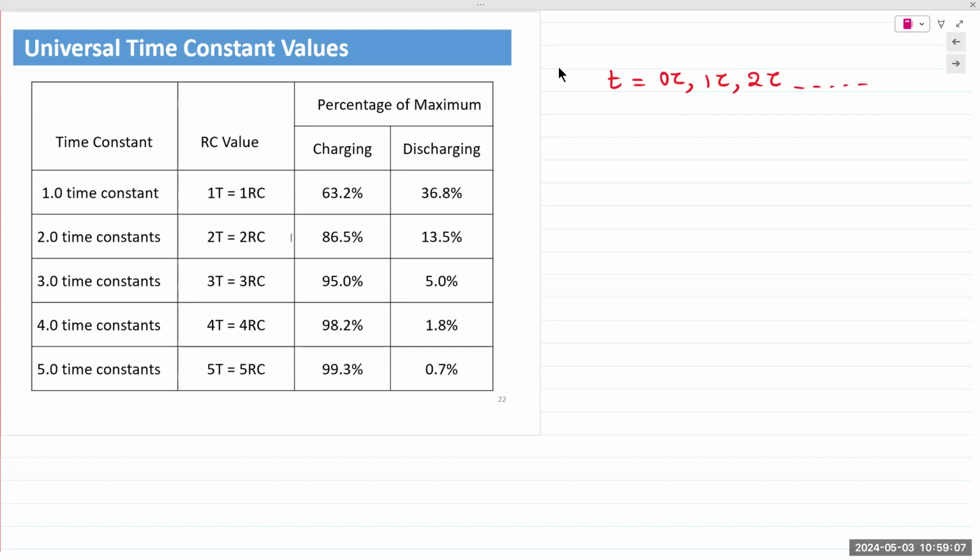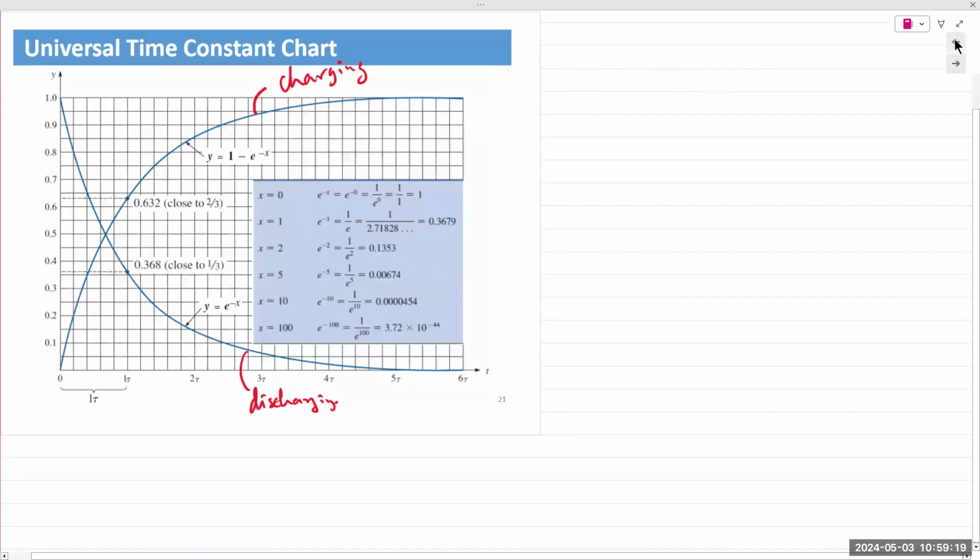So when it's charging, it acquires more than 50%, 63.2% of its charge after the first time constant. If you look at this chart, within a very short period of time, meaning the first time constant, it acquires more than half of its charge.